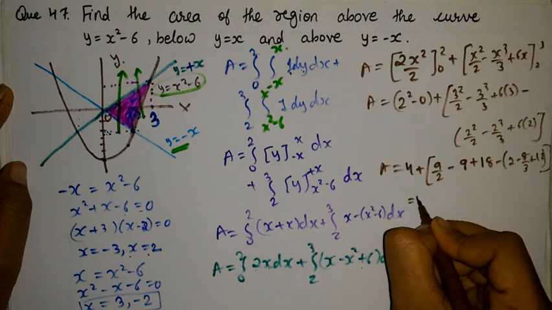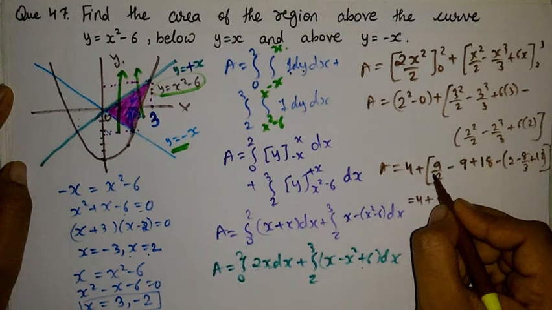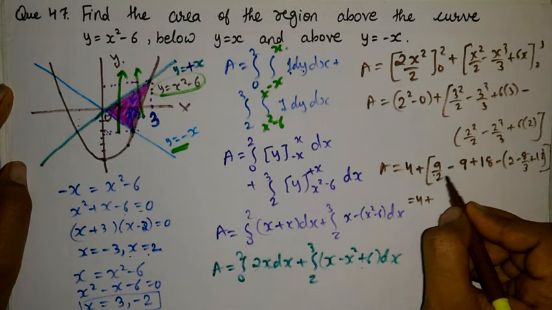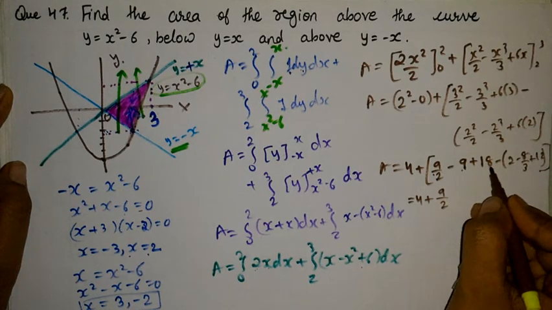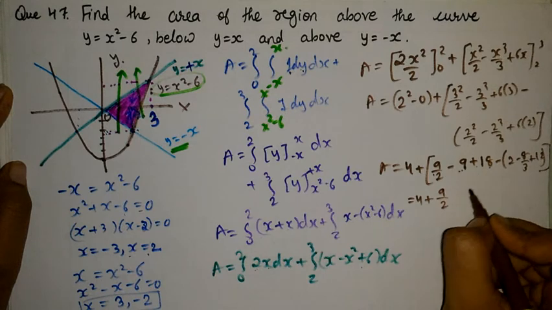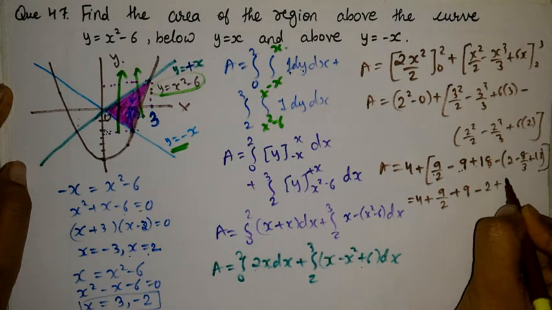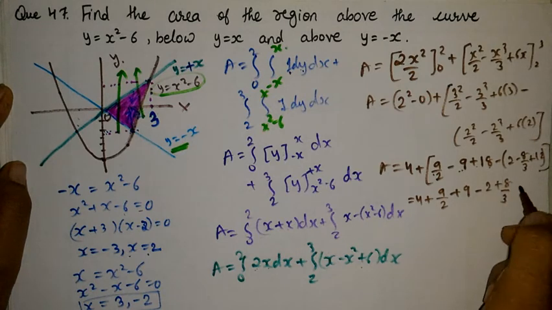So that is equal to 4 plus 9 by 2. Let's just remove the bracket. So here it will be minus 9 plus 18 will be plus 9 minus 2 plus 8 by 3 and here minus 12.